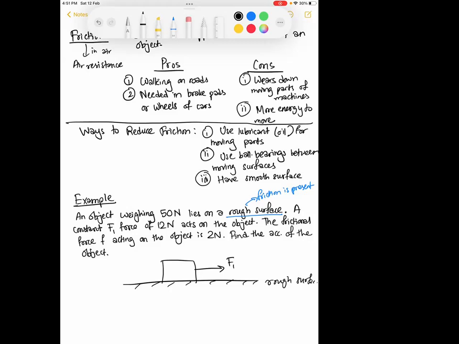Did I not give you the mass? It says an object weighing 15 Newtons. So that's where the clue lies. I'm just going to give you a hint: you can use 10 meters per second squared for g.